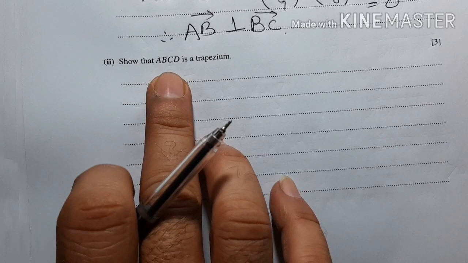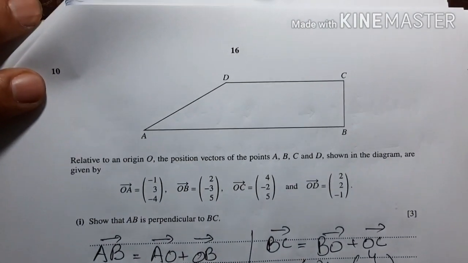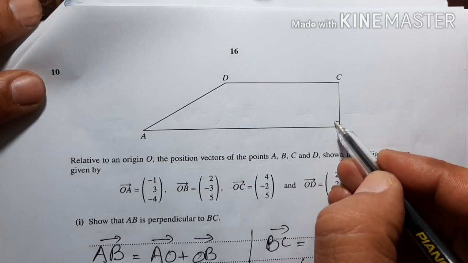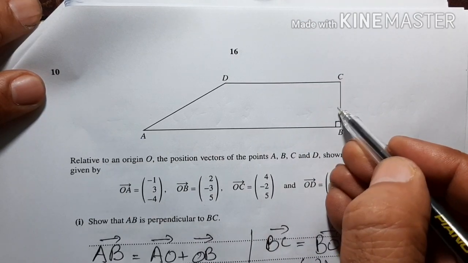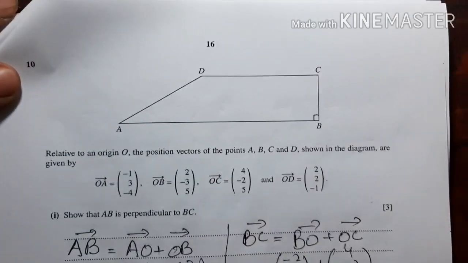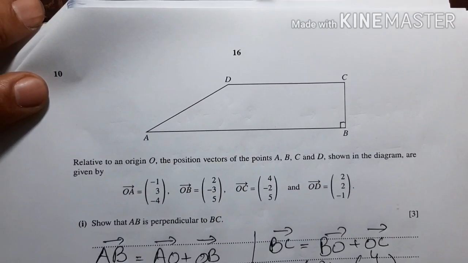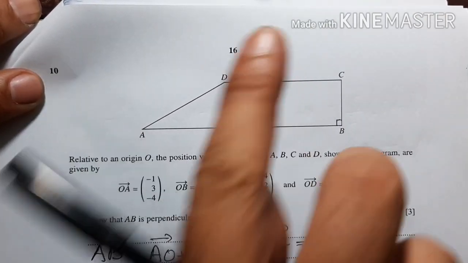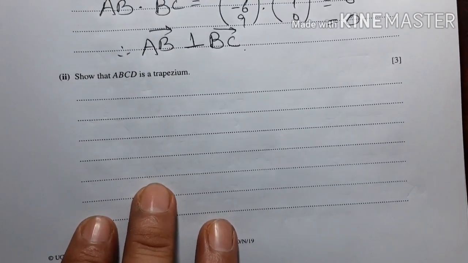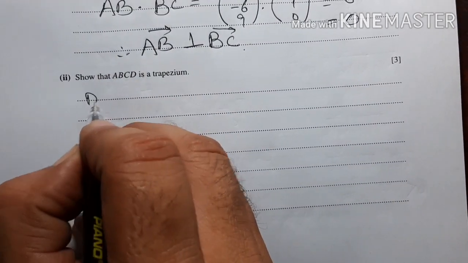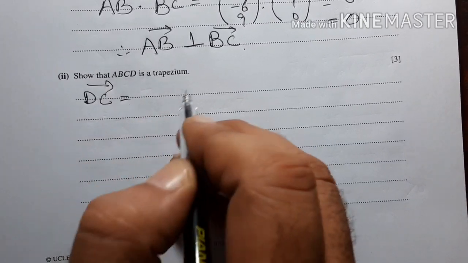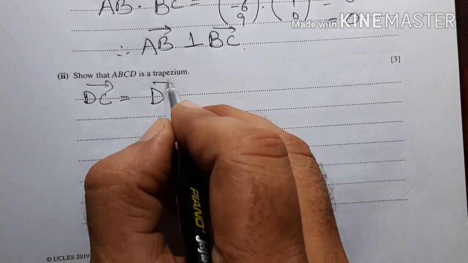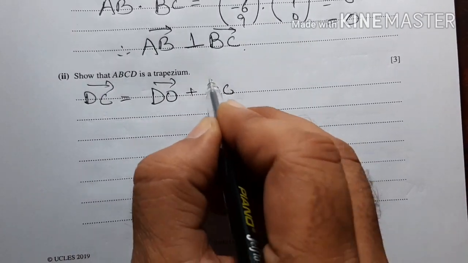Now show that ABCD is a trapezium. For a trapezium we need two things, that two sides are parallel and this is perpendicular. So we already proved that this is perpendicular to this. We need to prove AB and CD are parallel only. So how can we prove this? We need DC first. For DC we'll go DO plus OC.